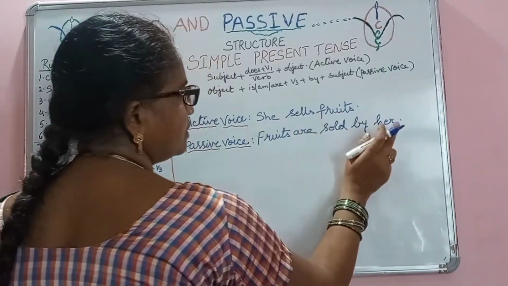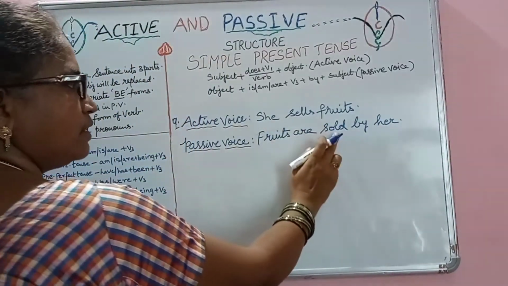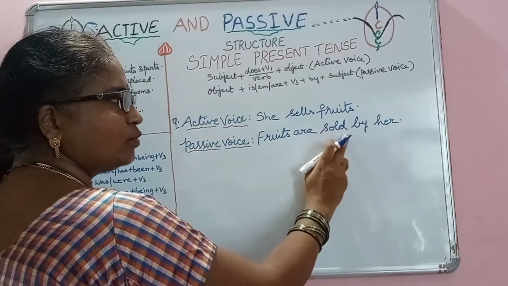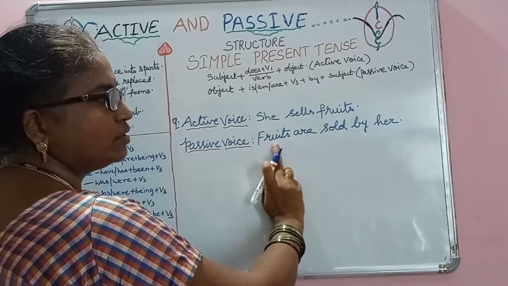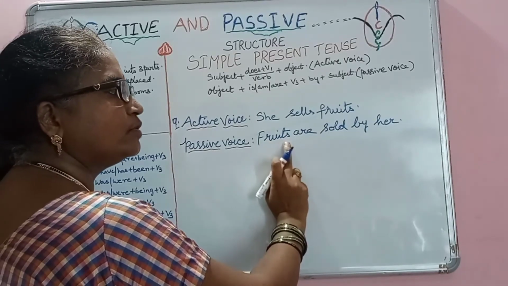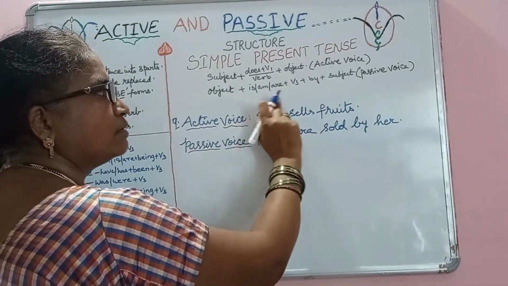She comes to the her, and by is followed, and sells with a V3 form has changed into sold, and fruits, an object has come over here, and when the object is in the plural form, are is mentioned as it is in the structure form.